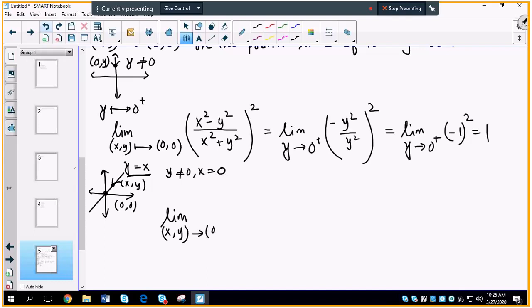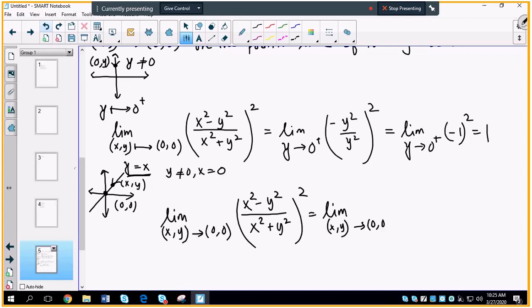I know that the function was the limit as x, y approaches 0, 0 of x squared minus y squared all over x squared plus y squared, and then I had the whole thing to the power 2. I'm going to rewrite this as the limit as x, y approaches the point 0, 0 of x squared minus x squared all over x squared plus x squared. And I get to do that because x is equal to y.